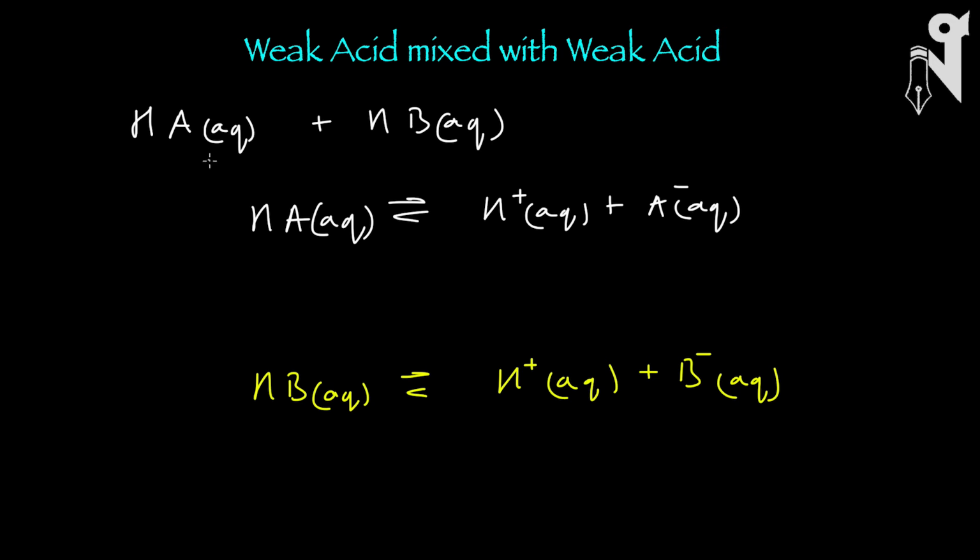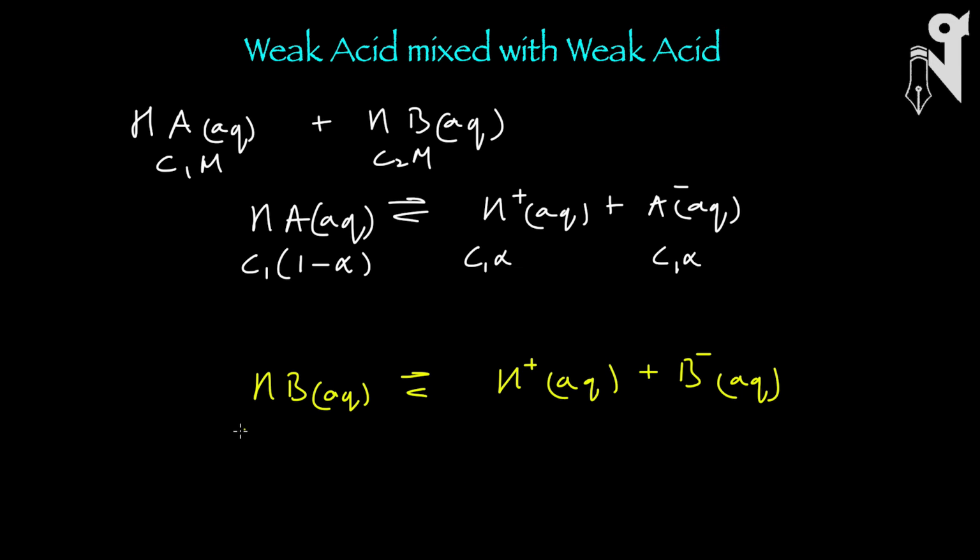Now say the concentrations are given as C1 molar for HA and C2 molar for HB. So what would be the equation over here? Say HA dissociates with degree alpha, so we'll have C1 times 1 minus alpha, the H plus contributed by HA would be C1 alpha, and your A minus will be C1 alpha again.